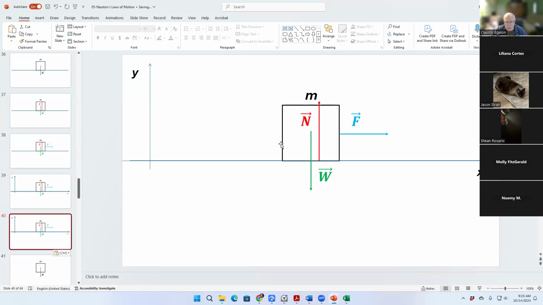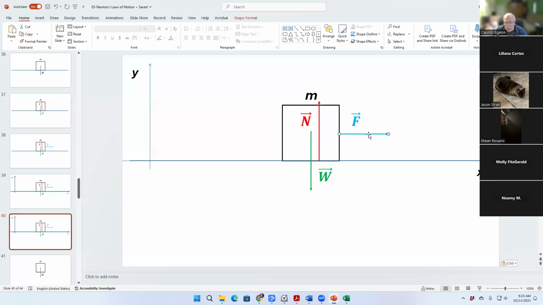If you look at this problem, since we do not have any force in the vertical direction, the only forces in the vertical direction are the weight and the normal, so it's fair to conclude that the net force along the y-axis is going to be 0, okay? And the only force that's left is this force parallel to the surface.